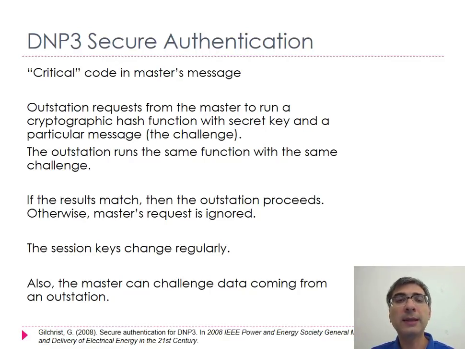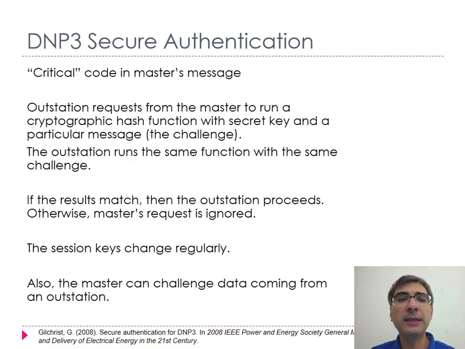The critical code would be used when the message corresponds to some request like outstation please shut down, or this outstation should be rebooted, or this outstation's key parameters need to be modified. So if something critical needs to happen, then the master includes a critical code in the message.